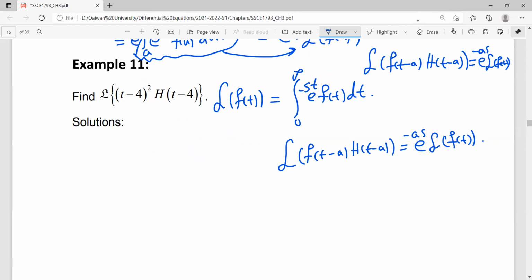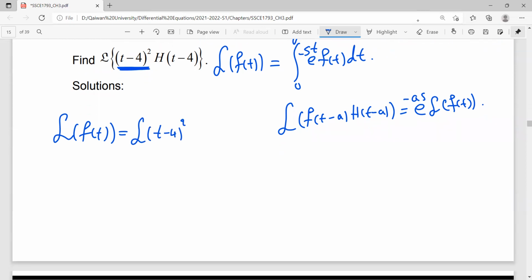Let's find it. The Laplace transform of this part is the Laplace transform of f of t equals. Here, we expand the brackets. Equals the Laplace transform of t minus 4 squared.